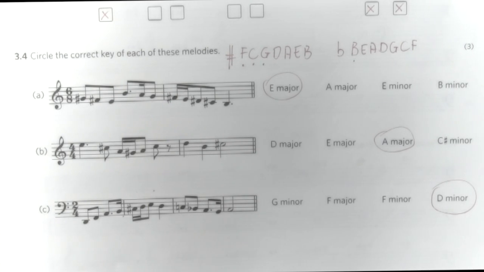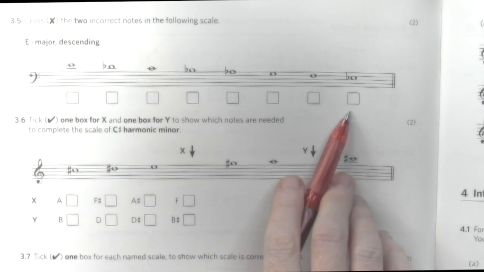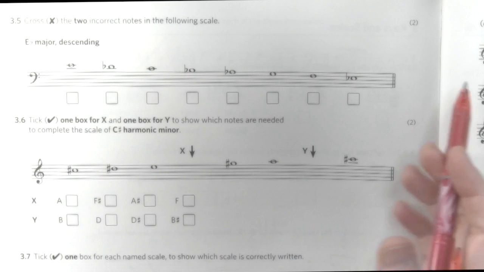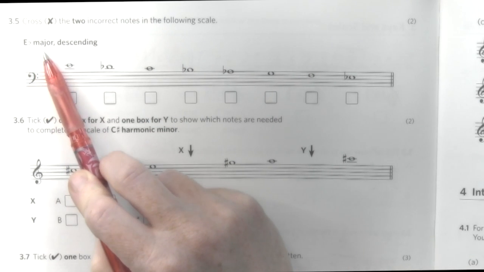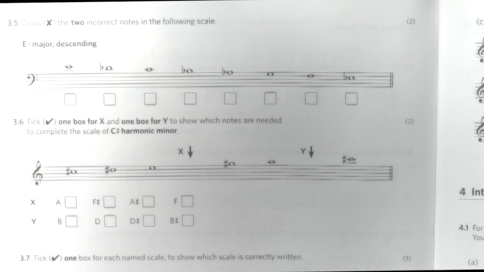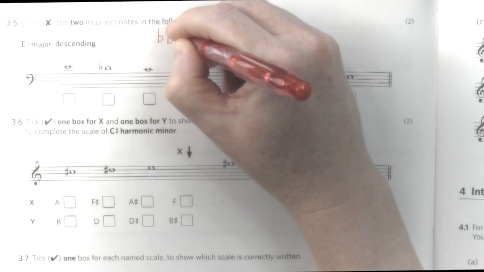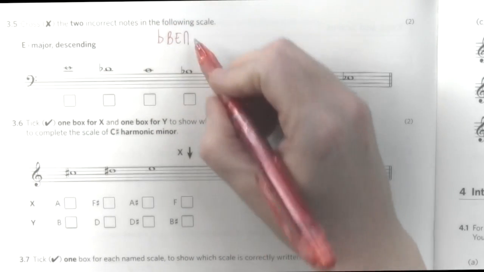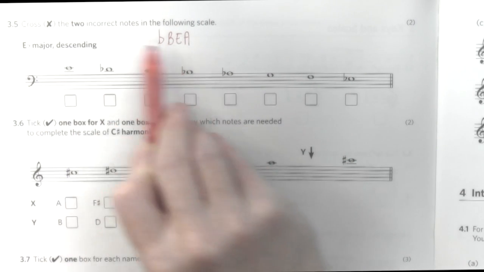Let's turn the page. In this fifth question, we need to cross two boxes in which the notes are incorrect, and we're supposed to write an E flat major descending scale. So, first the key signature. Si, mi, la. Mi plus 1.